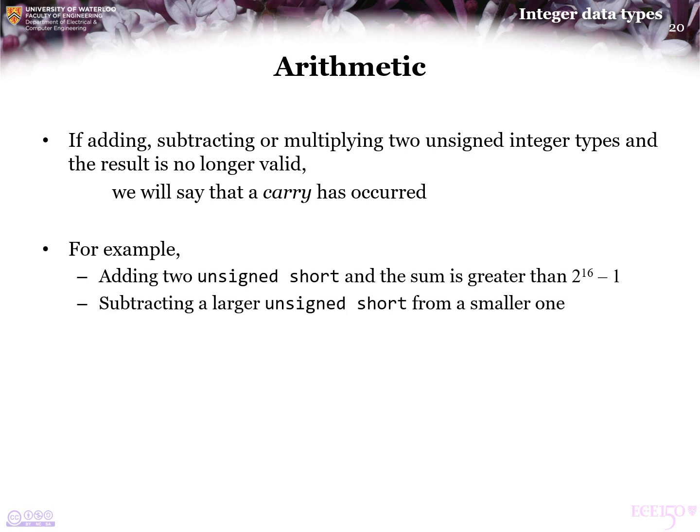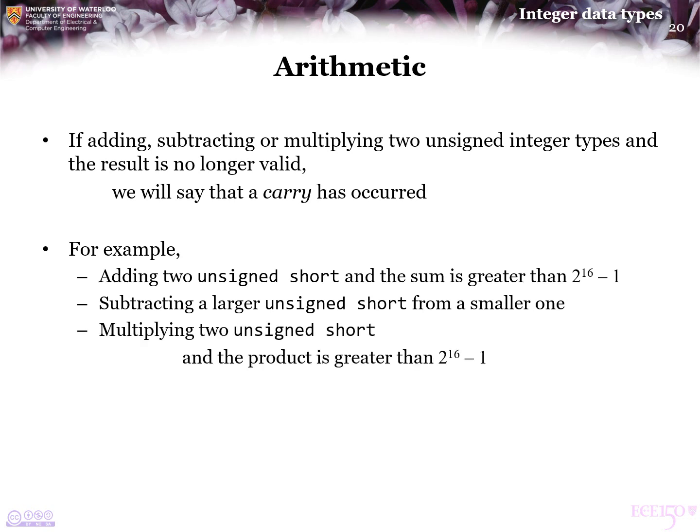Similarly, subtracting a larger unsigned short from a smaller one must result in an invalid value, for example, 0 minus 1. Also, multiplying two unsigned shorts may produce a product that is also greater than 2 to the 16 minus 1. And again, in this case, we shall say that a carry has occurred.